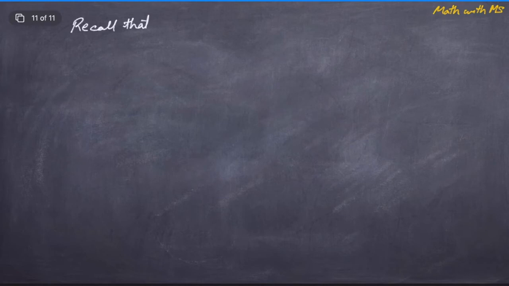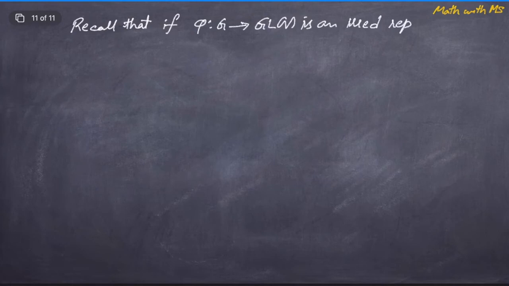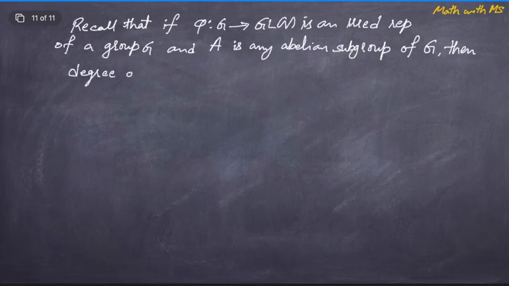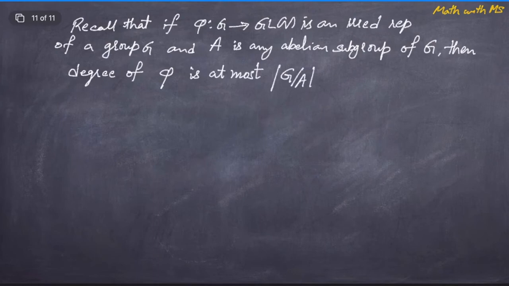Recall that if phi from G to GL(V) is an irreducible representation of a group G, and A is any abelian subgroup of G, then the degree of the representation phi is at most the index of A in G, cardinality of G mod A. We are of course assuming our groups are finite.